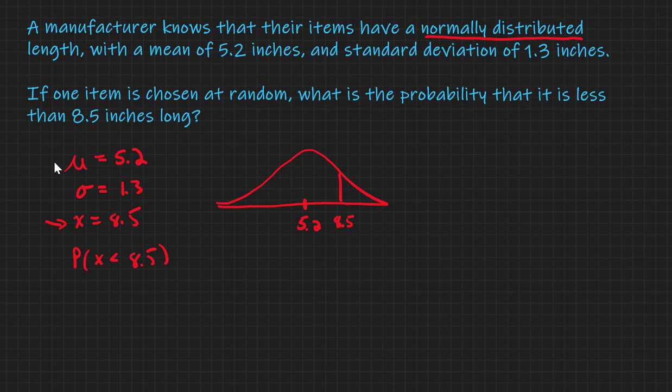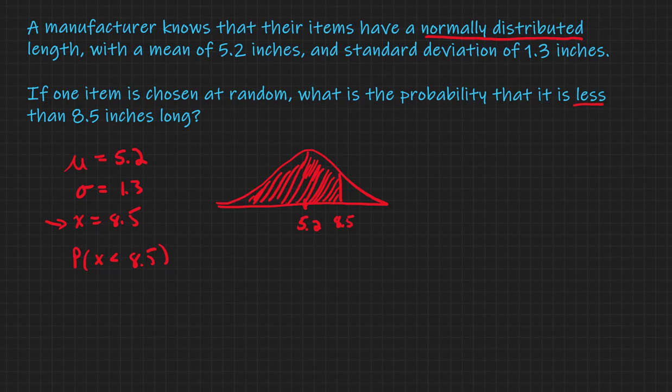And I'm being asked for the probability that the item chosen is less than 8.5 inches. So I'm looking for this probability here under my curve, which is exactly what the Excel function norm.dist returns to me, so I can just use that directly and I don't have to do any additional math.